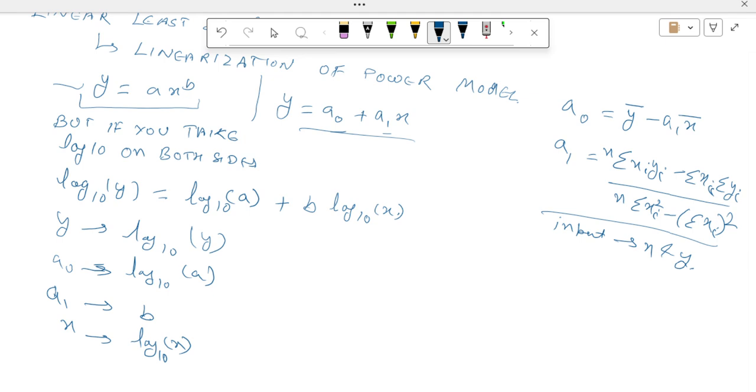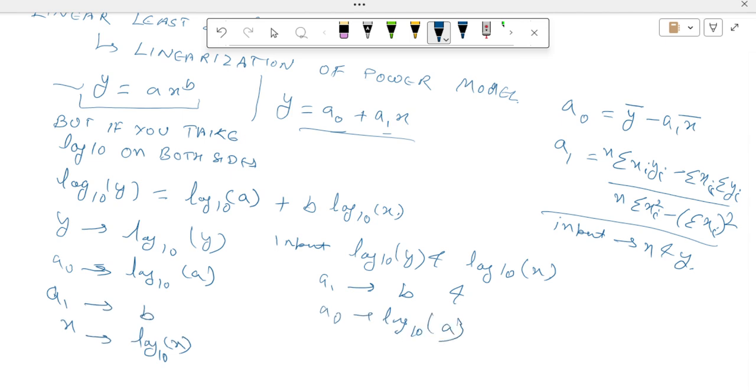But in this scenario here, your input will be log 10 y and log 10 x, and you would use those as an input to find out your a1 as b and your a naught as log 10 a, right?